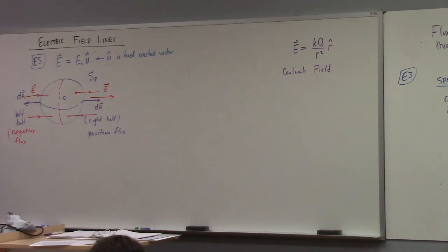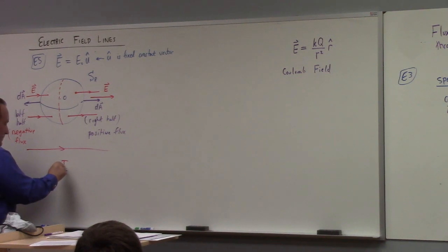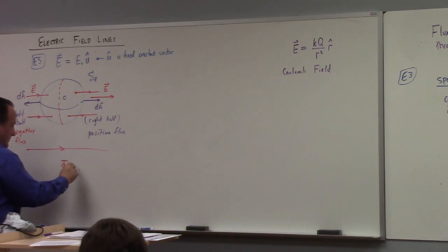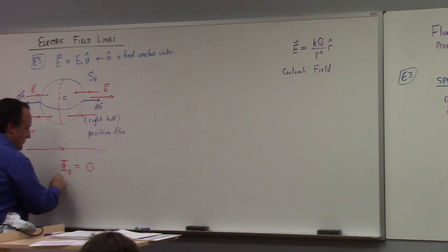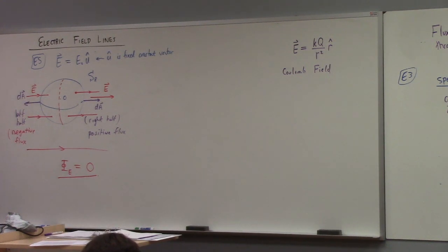So every field line that comes in one side goes out the other, right? Yeah? So what's the flux through the sphere of this constant electric field? In this example, the flux is a big fat 0, because the flux through the left and the flux through the right are equal and opposite by symmetry.